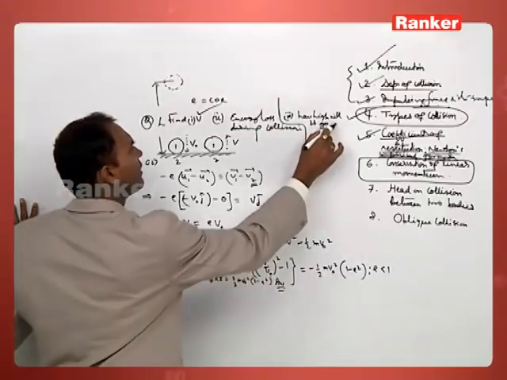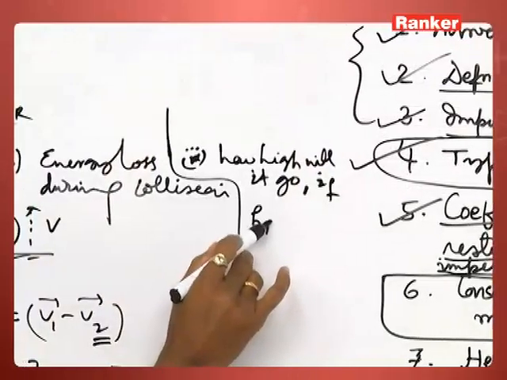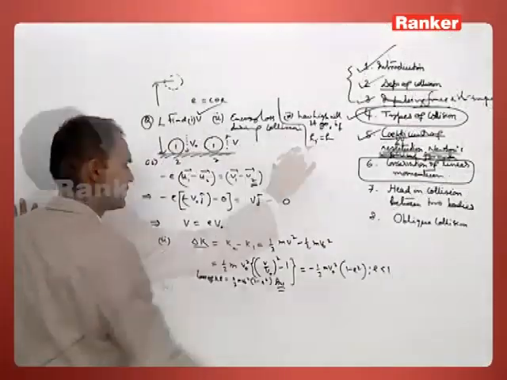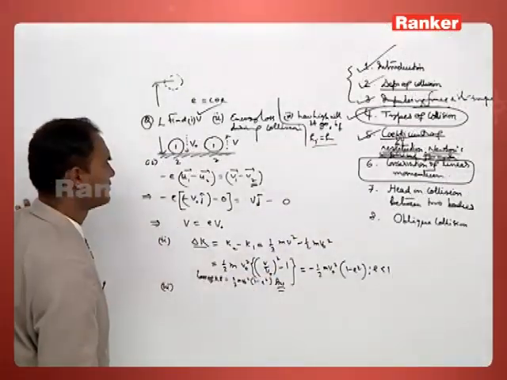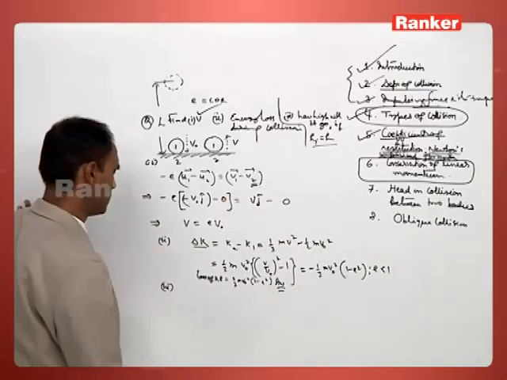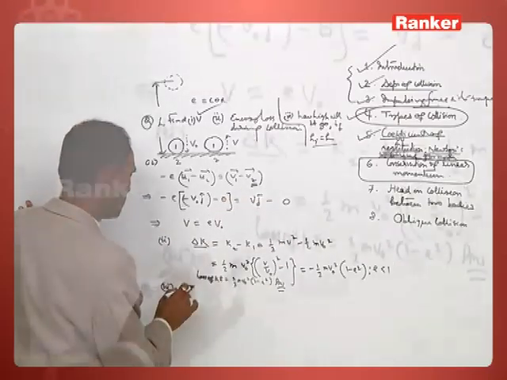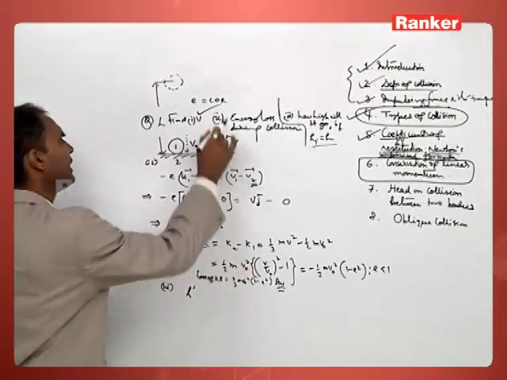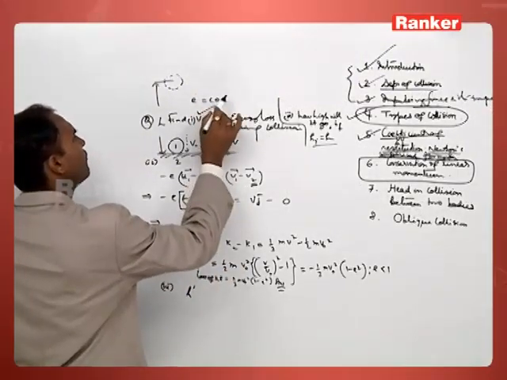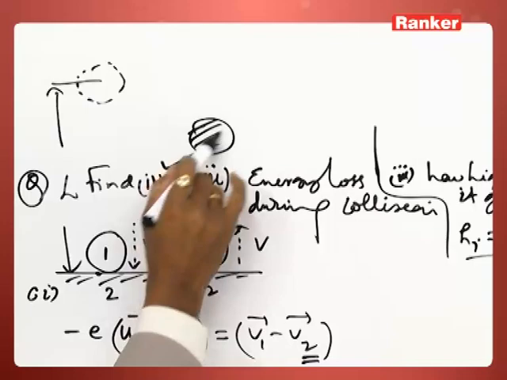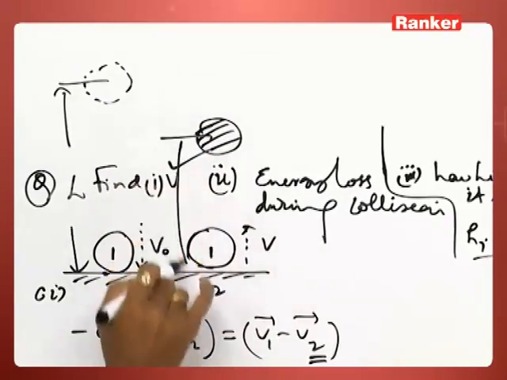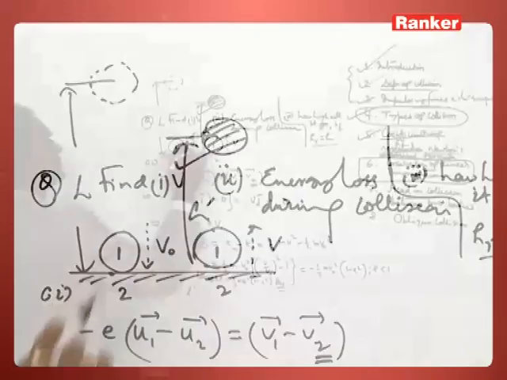If the initial height is equal to h, using this given data you can find the final height. Let it be h dash, let it move to this position. So the vertical distance, let it be h dash.